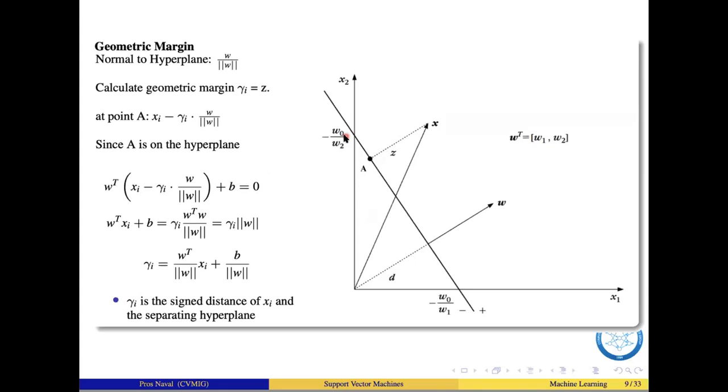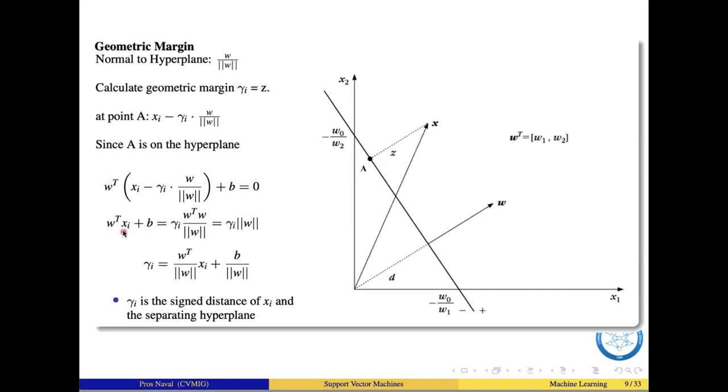Because all points on the hyperplane must satisfy the equation W transpose that point plus B equals 0. Now, with a bit of algebra, multiply this here, and we shuffle a bit, and you get what you get.